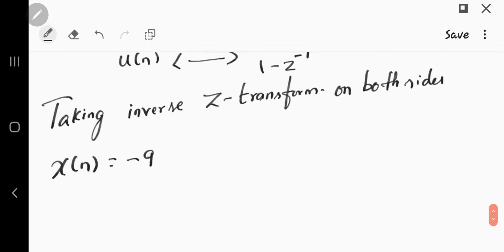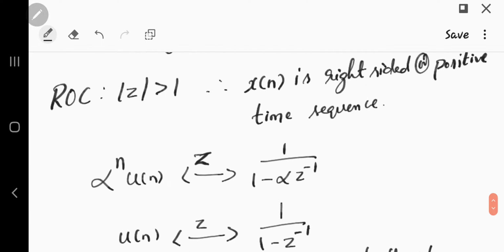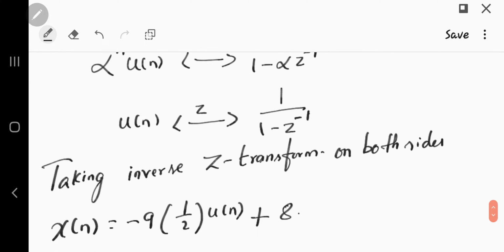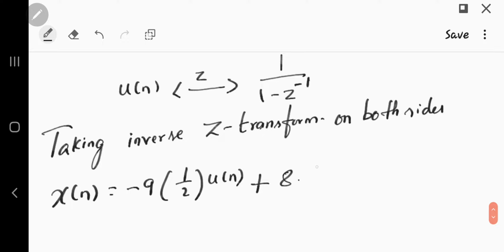In place of alpha, we have 1 by 2 into u of n. Since this is a positive time sequence, we are representing it as u of n, plus 8 into, another term, if you take 8 outside, you will remain with 1 by 1 minus z inverse. Now that is the z transform of u of n.